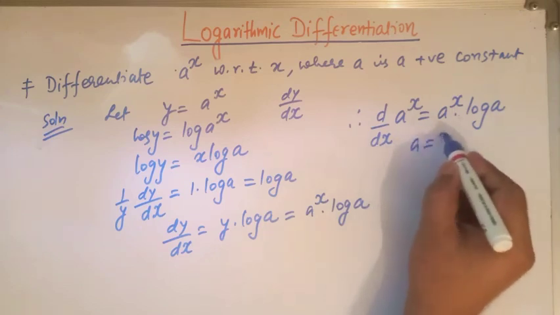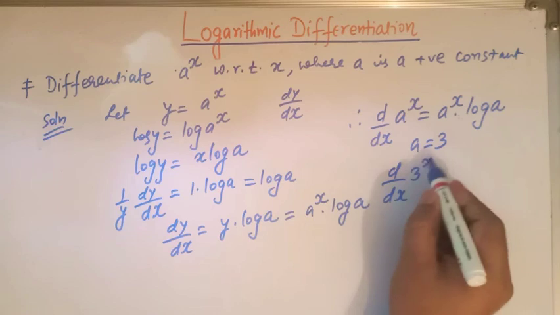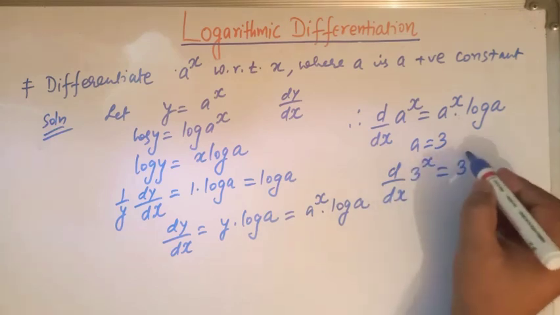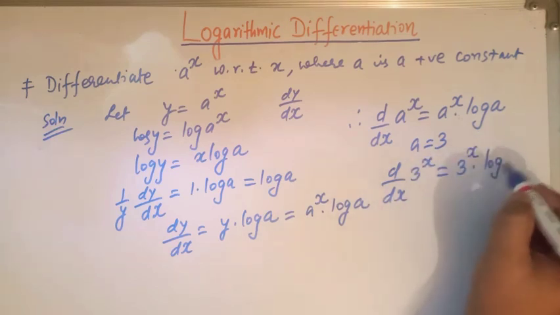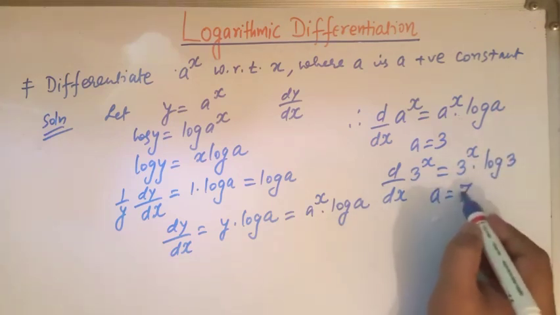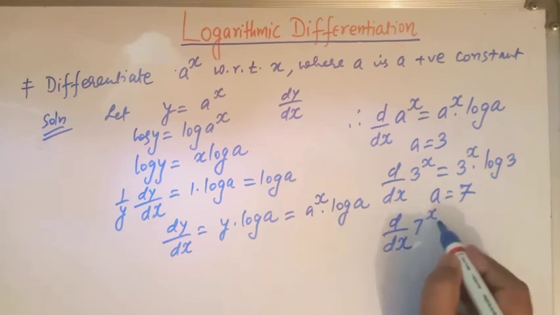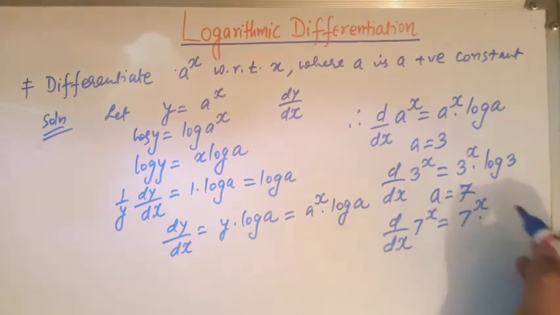Suppose we take a is equal to 3, then the derivative of 3 raised to x is 3 raised to x times log of 3. Similarly, if we have a is equal to say 7, then the derivative of 7 raised to x is 7 raised to x times log of 7, right?